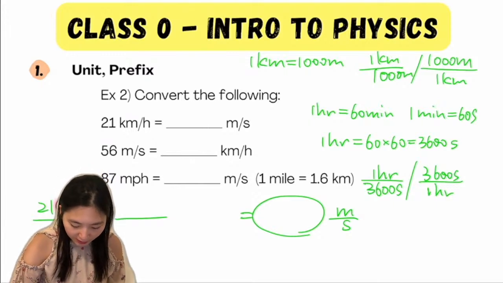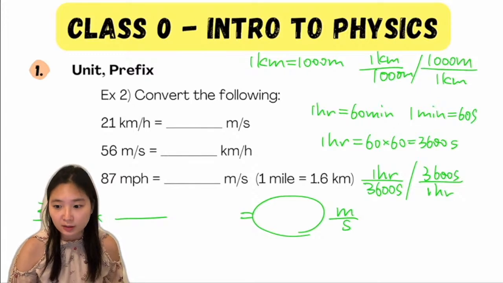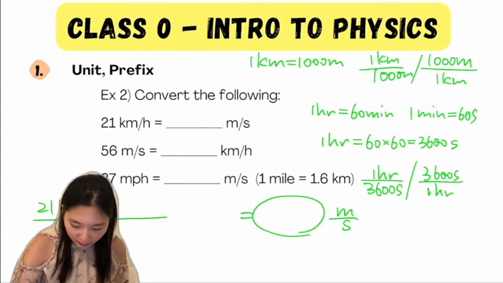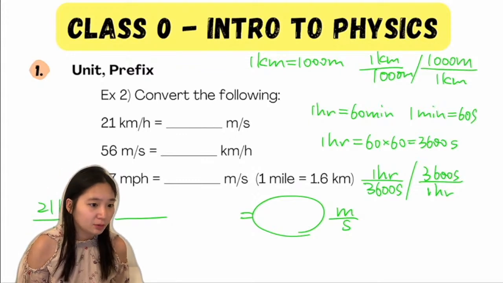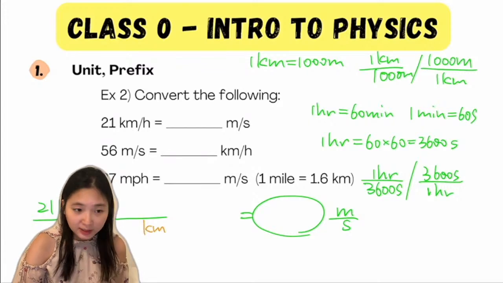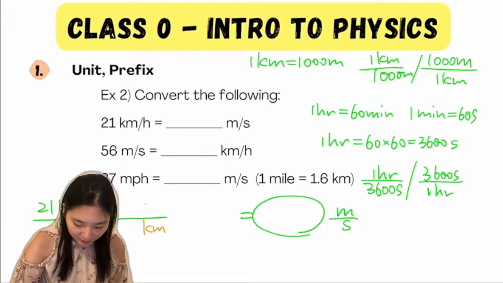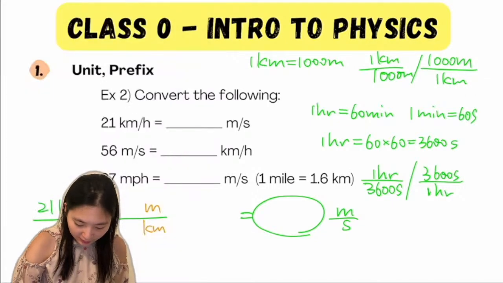I want to cancel out kilometers and have meters instead for the length unit. Similarly to the last example question, I put kilometer in the denominator and meters in the numerator. So between the two, I'm going to pick meters over kilometer, which is 1,000 meters over 1 kilometer.